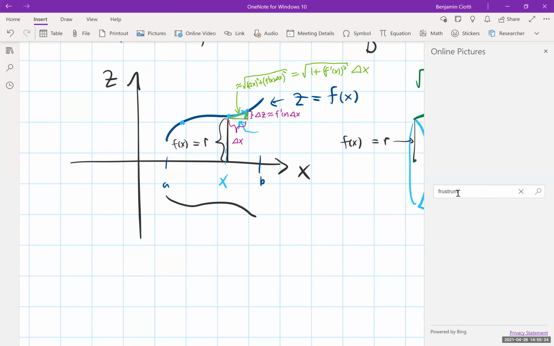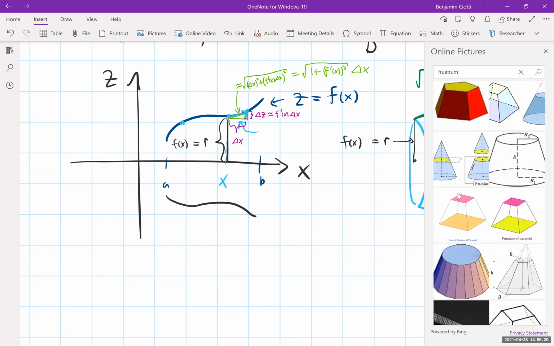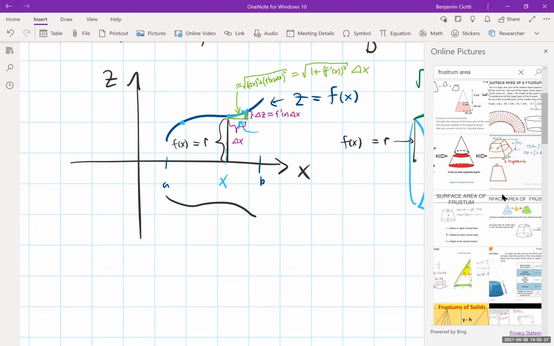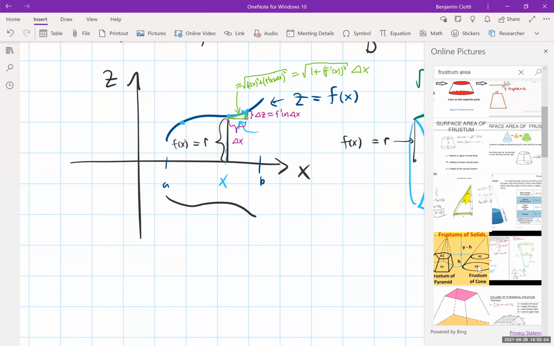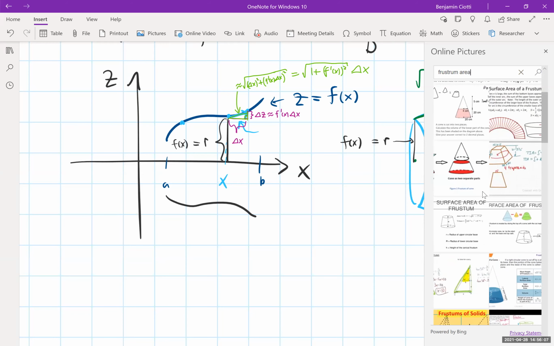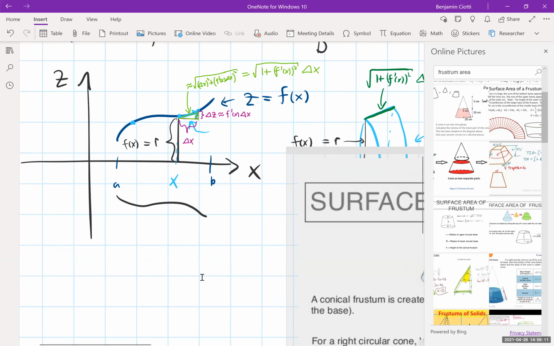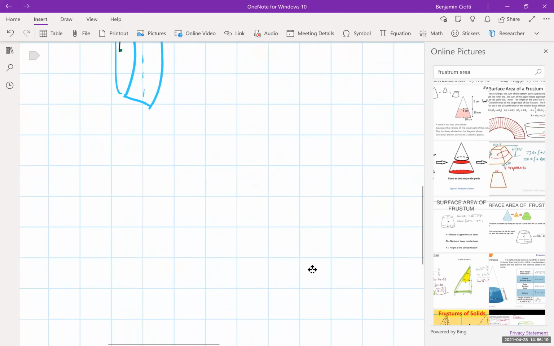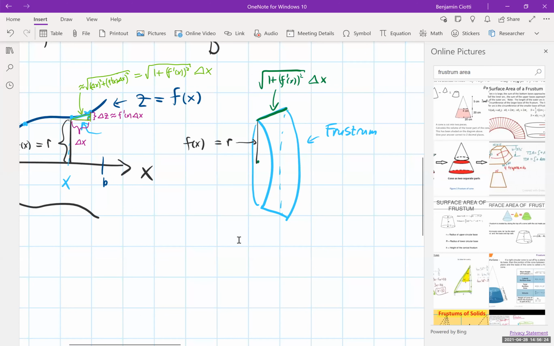Frustrum area. I think you have to do like a little approximation.